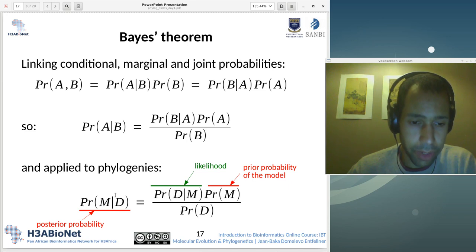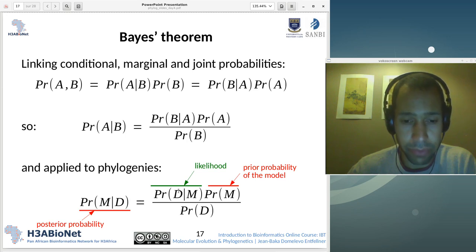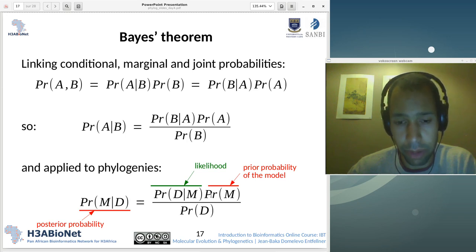So here I've started with probability of M conditional on D is equal to probability of D conditional on M times probability of M divided by probability of D. So in Bayesian terms, remember this probability of D conditional on M is the likelihood of the model. Okay, the likelihood of the model is the probability that the data has been generated by this model.